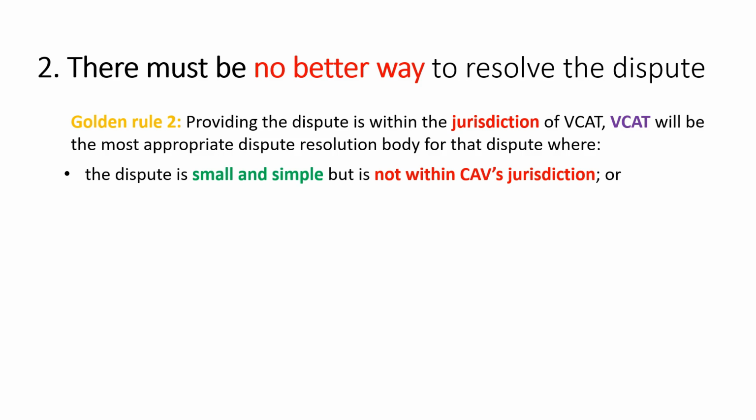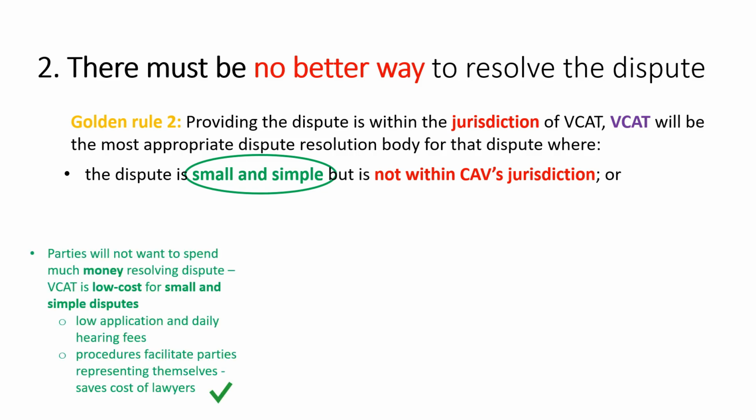Well, where a dispute is small, the parties will not want to spend much money and time resolving the dispute. The advantages of VCAT in this regard are that VCAT is low cost for small disputes. This is for two reasons. First, VCAT's application and daily hearing fees are low for small and simple disputes.